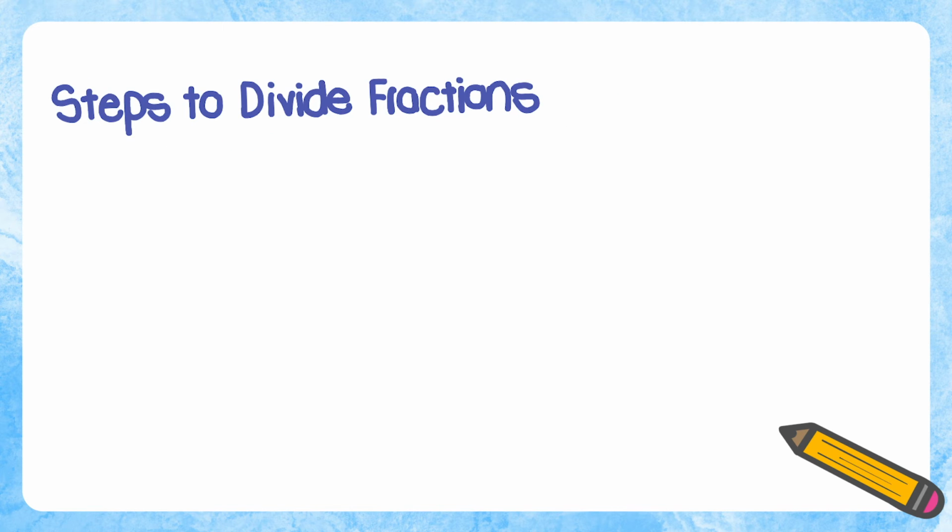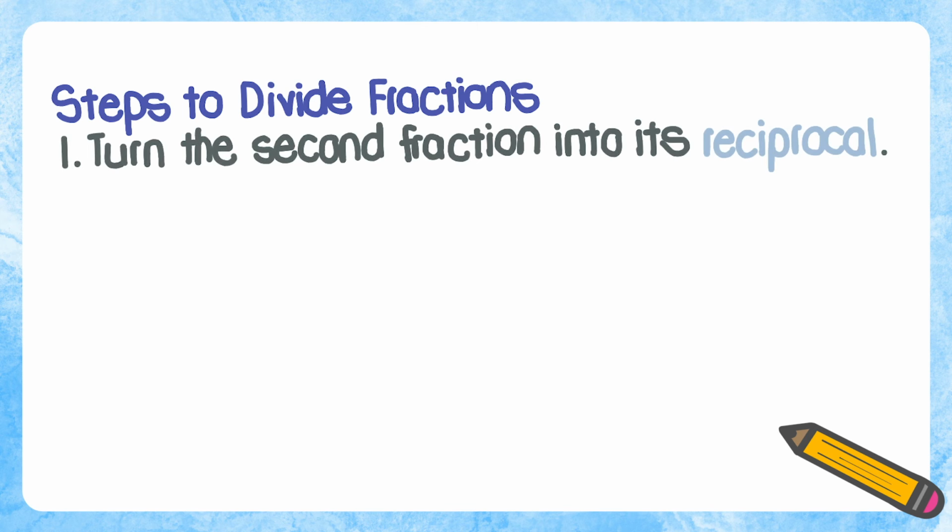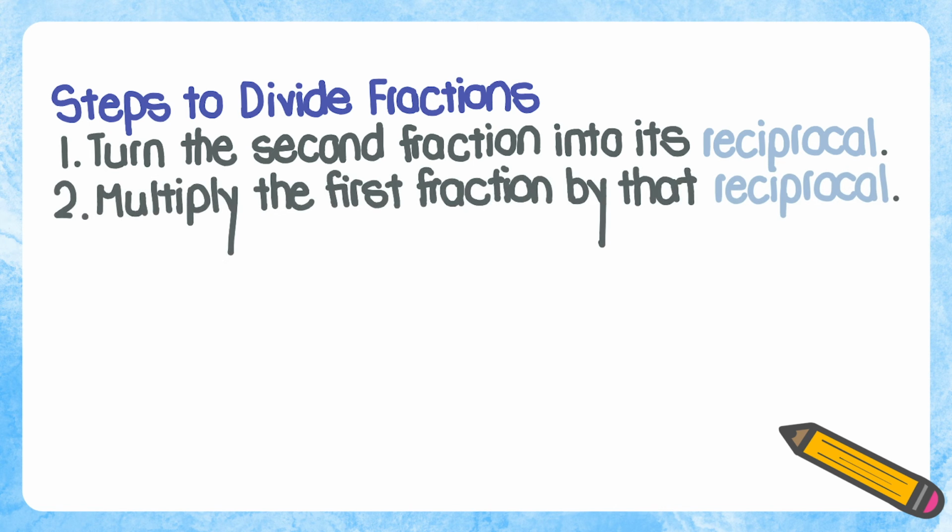So with reciprocals in mind, let's take a look at the steps to divide fractions. Our first step is to turn the second fraction into its reciprocal. So we're going to turn the second fraction upside down. And then you'll multiply the first fraction by that reciprocal.